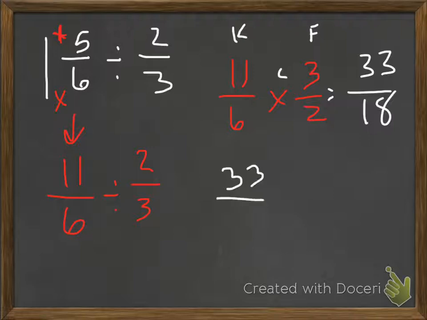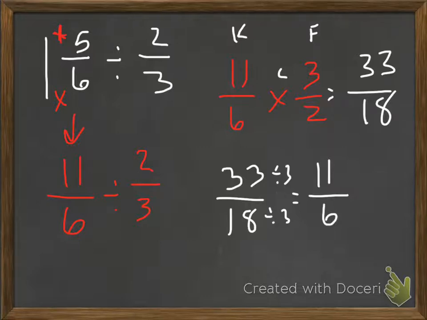So here we have to either reduce it or divide 33 by 18, turn it into a mixed number, and then reduce it there. I'm going to go ahead and reduce it first. 33 divided by 3 is 11. 18 divided by 3 is 6.